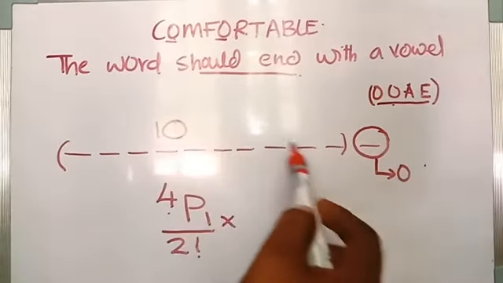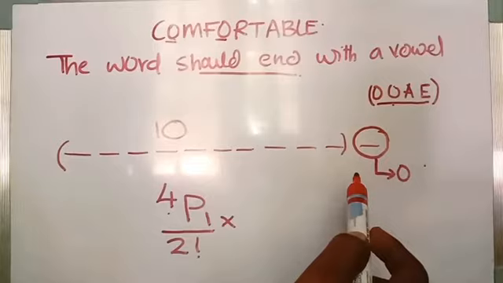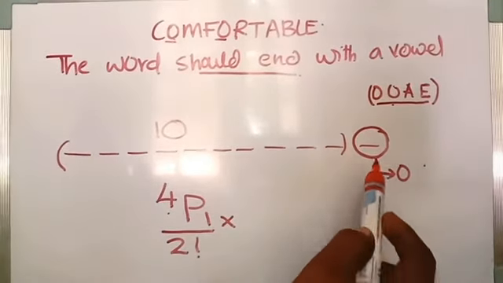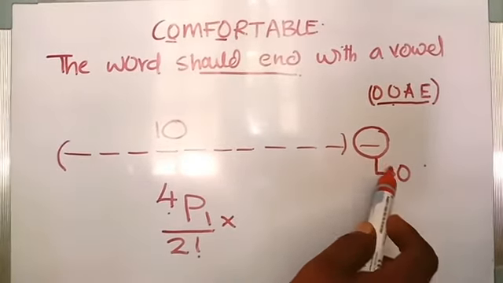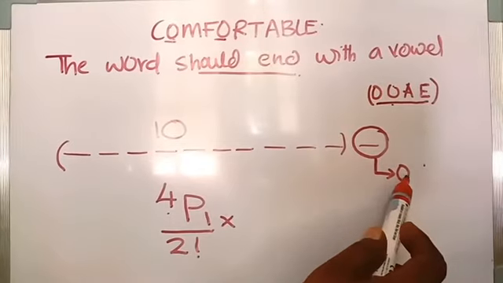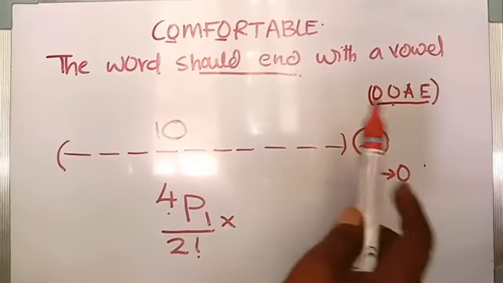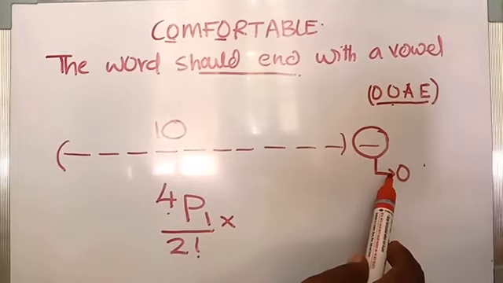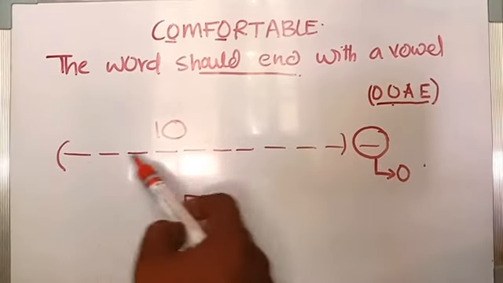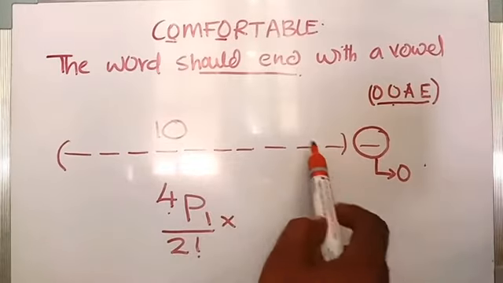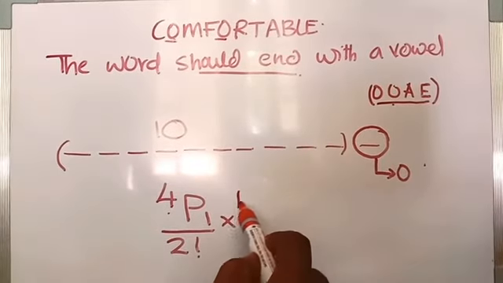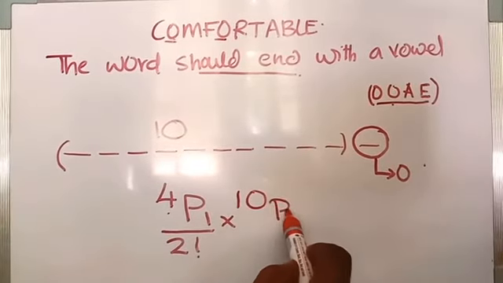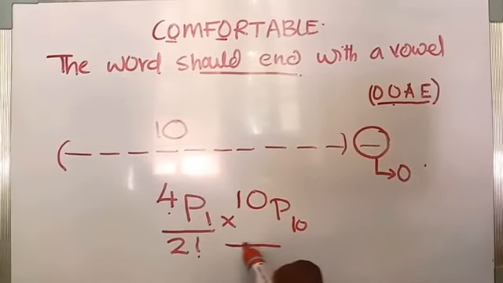How many letters are remaining? 10 letters are remaining, isn't it? Because only one letter is used here. It may be O or O or A or E. Any one alphabet is used here. So remaining, how many alphabets are here? 10 alphabets to be filled in 10 places. So it is 10P10 as answer.